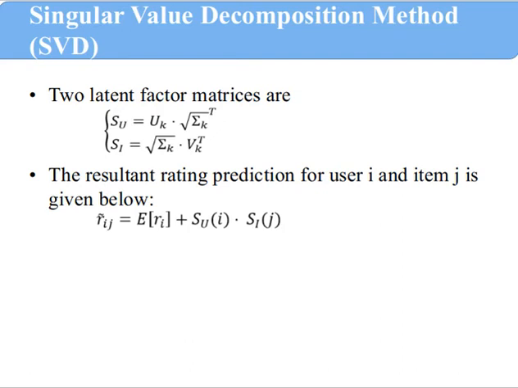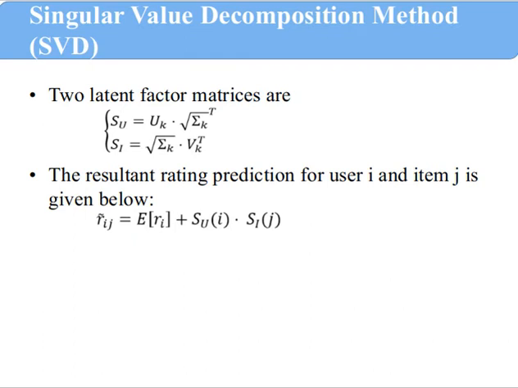The first latent factor is for the user, and another is the latent factor for the items. The latent factor for the user is represented with Uk into square root of sigma k transpose. Similarly, for the items we have the square root of sigma k into Vk transpose.